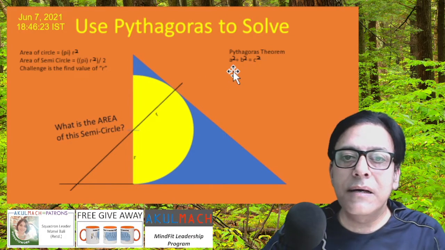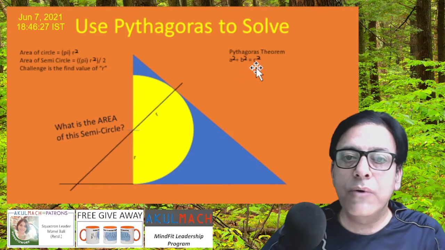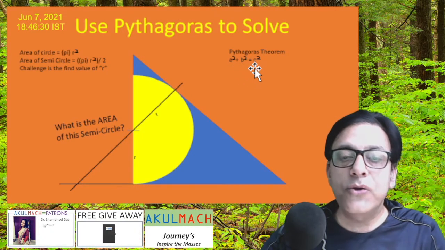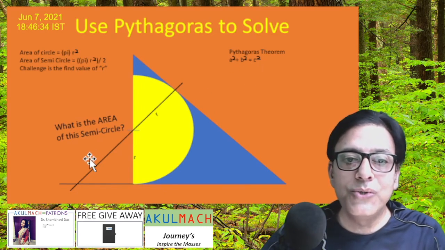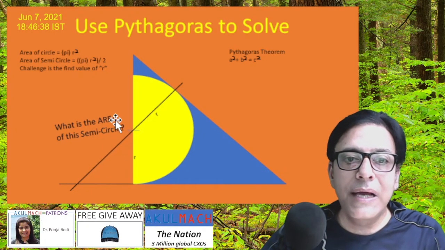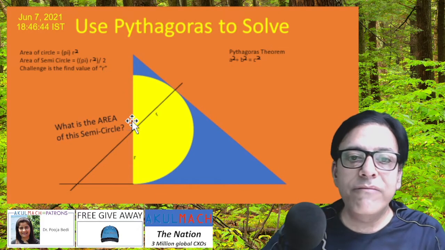And here is the Pythagoras theorem that we have written. It is a square plus b square is equal to c square. C stands for the longest side of the triangle, and it is also called hypotenuse. So in our case, this is a hypotenuse, and similarly this is a hypotenuse, and usually hypotenuse is the side which is opposite of 90 degrees.